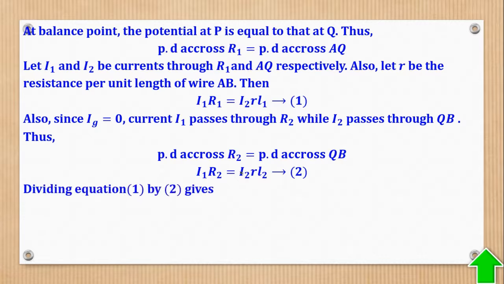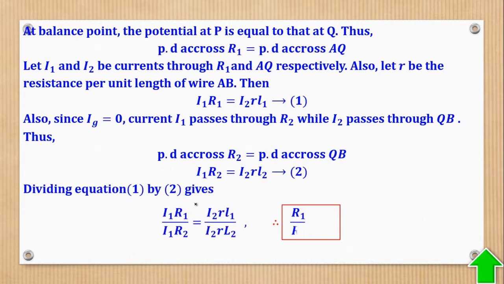Now, when I divide equation 1 by equation 2, I1 cancels, I2 cancels, r cancels. So in the end, I come up with R1 over R2 equals L1 over L2.